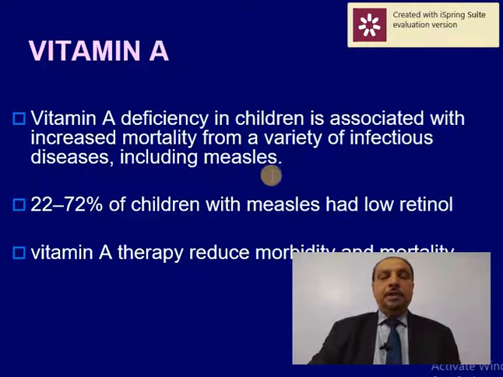And not only measles, many infectious diseases will be more severe with vitamin A deficiency, especially viral diseases like influenza, coronaviruses, and others. 22 to 72% of children with measles have low retinol, and vitamin A therapy reduces morbidity and mortality.